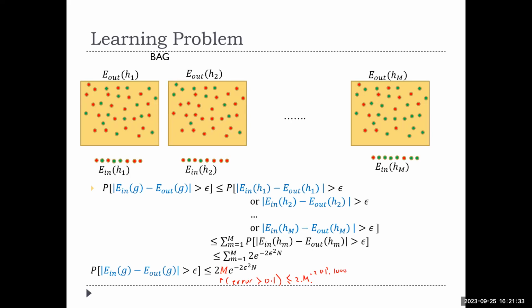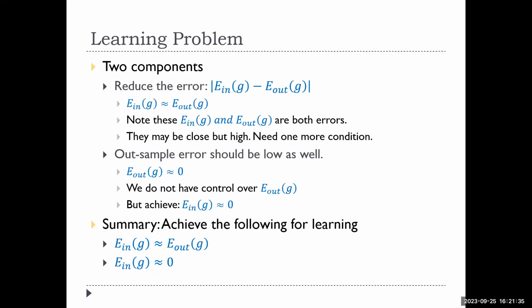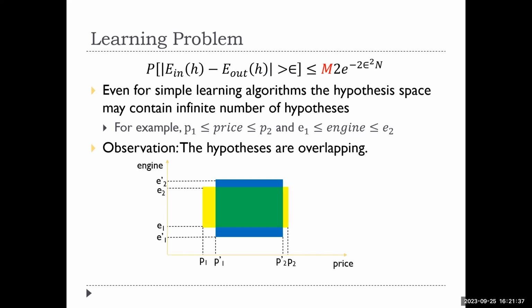So now I'm going to look at this problem. Right? This is my hypothesis set. The example we have seen about the family car. Whether a car is a family car or not. You look at the price, you look at the engine. So it's a rectangular hypothesis set, right? Rectangular. So I have prices P1, P2, and engine power E1, E2, etc. So we are looking at some ranges, right?